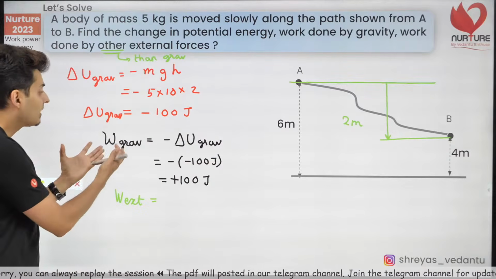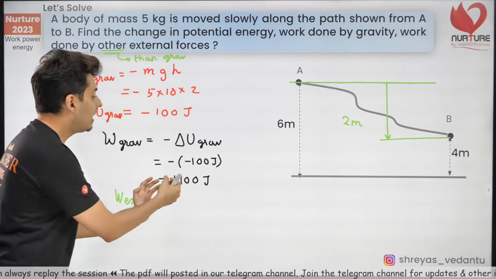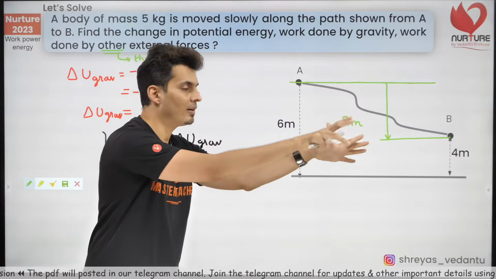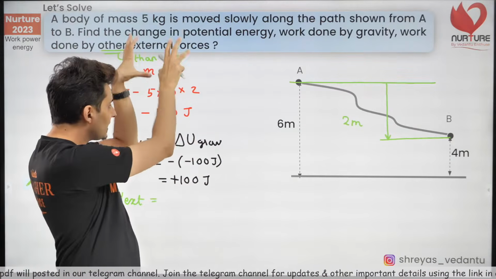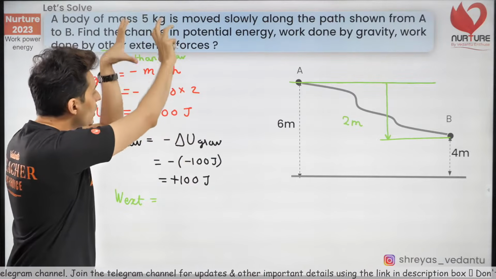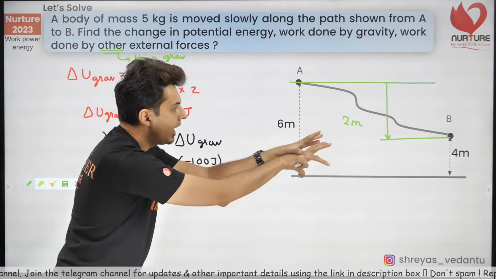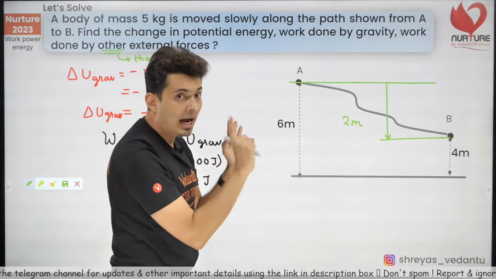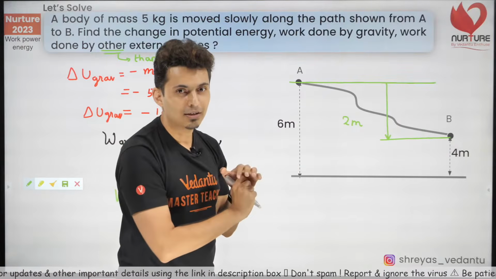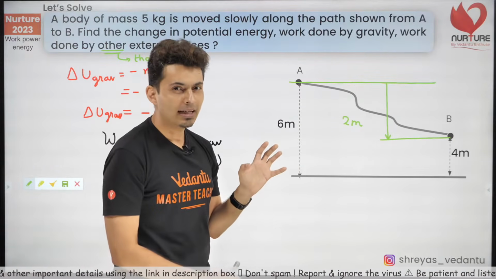What did the gravity do? Gravity did 100 joules of work. So, gravity has transferred 100 joules of work and it has withdrawn it from its account of potential energy. It withdrew 100 joules and it did 100 joules of work. Ideally, it would have gone into kinetic energy. But did you allow it to go into kinetic energy?